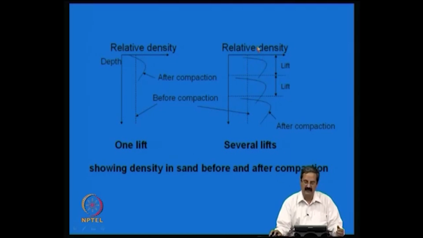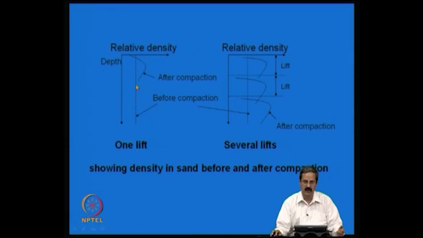What happens if the density is not the same everywhere, and there is a loose density? The probability is that there is going to be a weak zone, and we do not want weak zones in the case of dams and other important structures. So, you normally do this by calibration in the field.